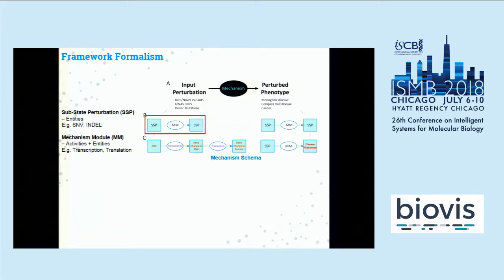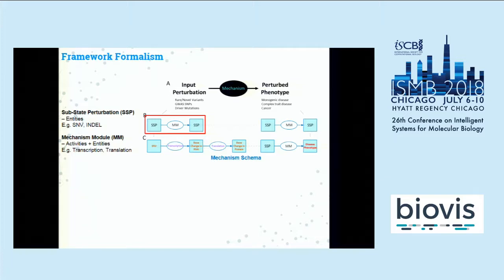And MM stands for activities and entities that can alter these entities, and they could be transcription, translation, etc. You can imagine the MMs as edge labels connecting two SSPs, where SSPs could be nodes in a network, and the MMs label the edge that connects these two.